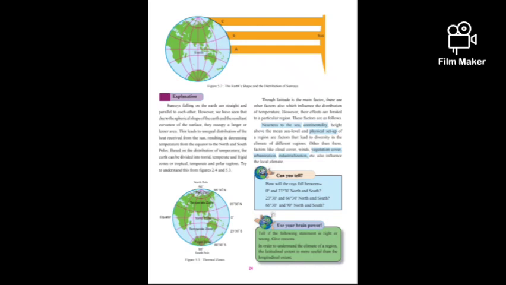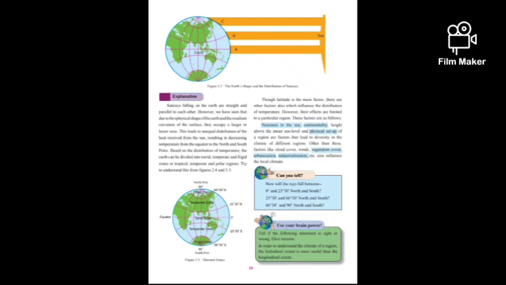And if you see B position, it is slightly slant. Here it's shown straight, but the light that falls is slant, and near the poles it is very slant. So there is very little heat received near the poles. That is why the temperature there is cool.